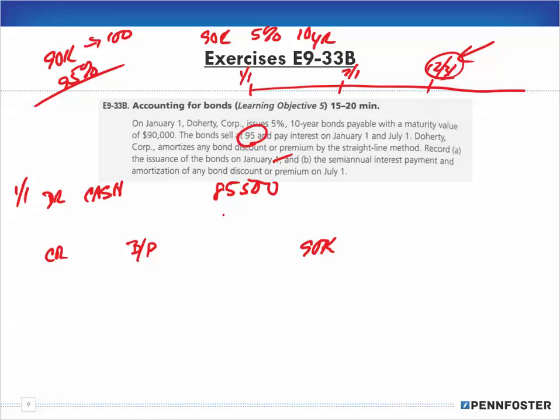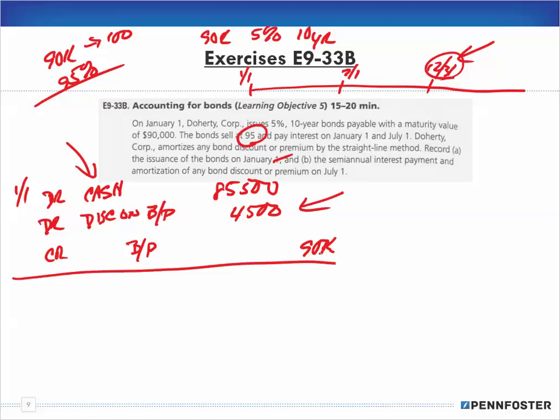The difference being $4,500. Well, debits have to equal credits, so I'm going to debit something else. So what am I debiting? I'm debiting discount on the bond payable. You see how, as long as I was able to calculate my cash, I can back into that discount, and I have the correct journal entry.